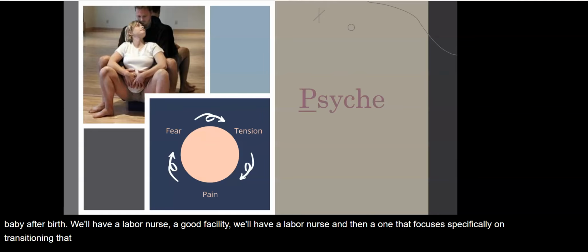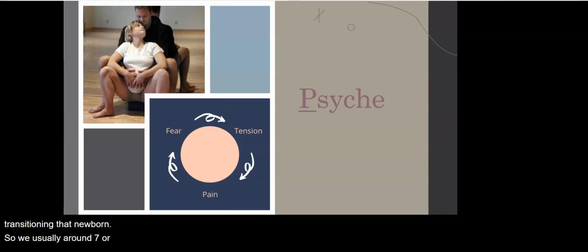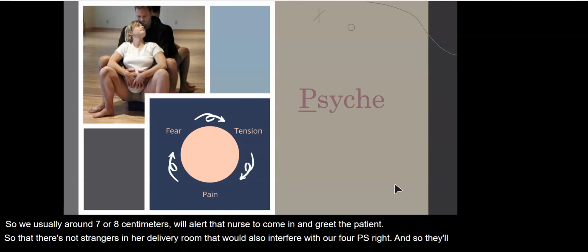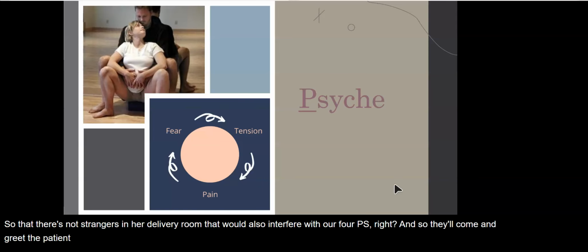So we usually, around 7 or 8 centimeters, will alert that nurse to come in and greet the patient so that there's not strangers in her delivery room. That would also interfere with our 4 Ps, right? And so they'll come in, greet the patient, educate what we would do, get her wishes.